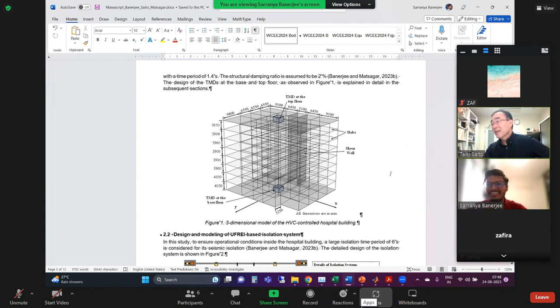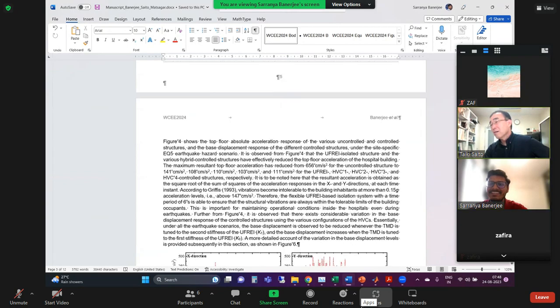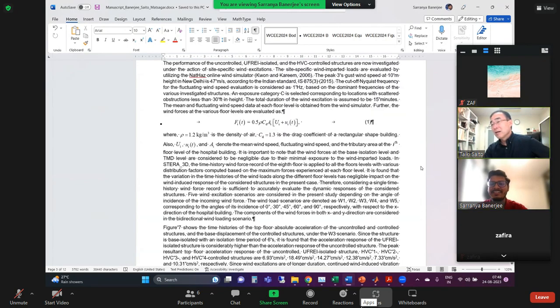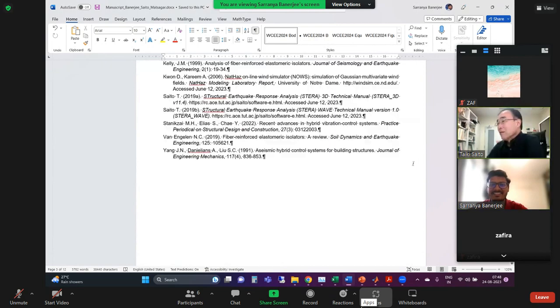That's nice. Yes, sensei. So now I have added the 3D model of the building with the different dimensions and the TMD locations, and I have explained this a little in the text. But I couldn't accommodate the design response spectrum. There is not much space for the rest of the things.